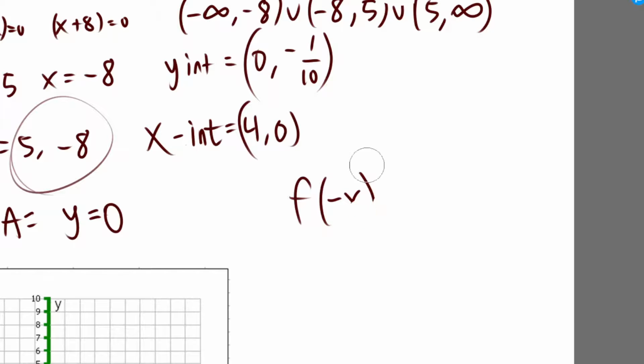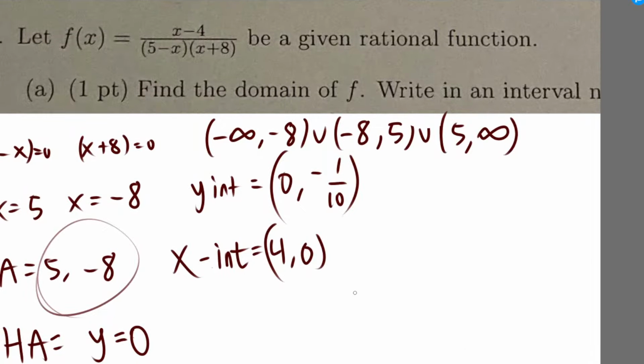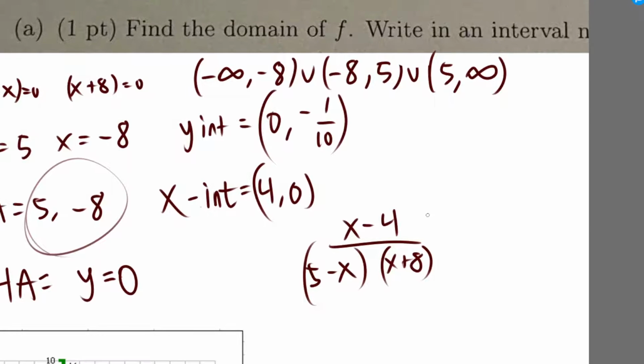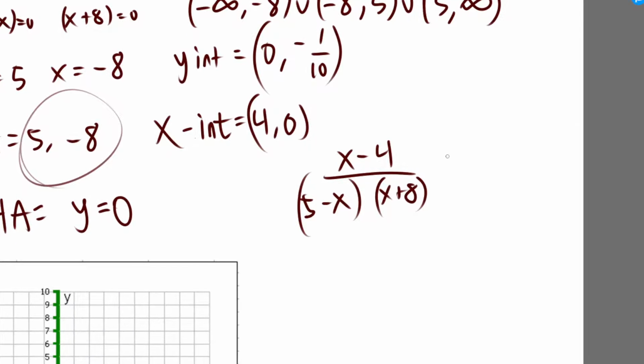We can test that. So we have x minus 4 over 5 minus x, times x plus 8. We're going to make the x negative, so we'll have negative x minus 4. I can already tell that that's not going to be the same as my original. And then to test if it's odd, I'm still going to need to do that.